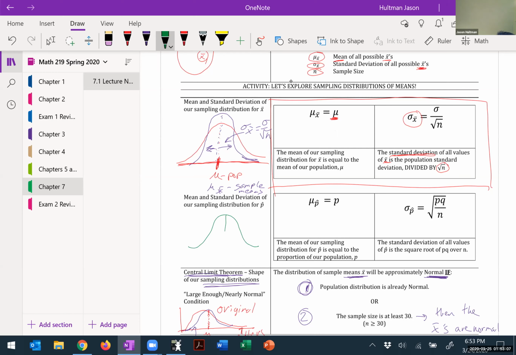And it will lead to a normal distribution where the mean of my sample proportions is equal to my population proportion. Remember, this is the population proportion.